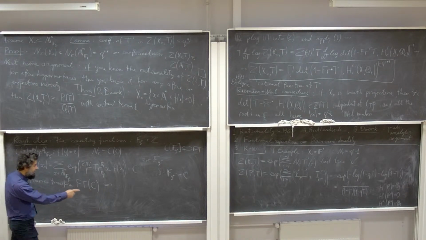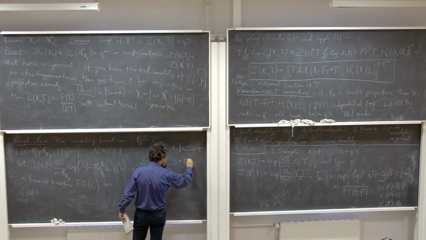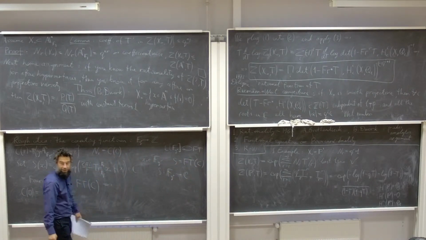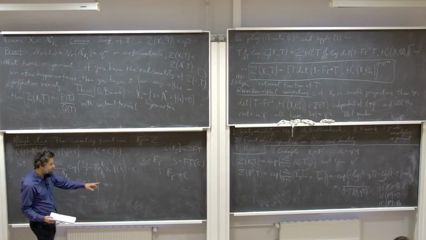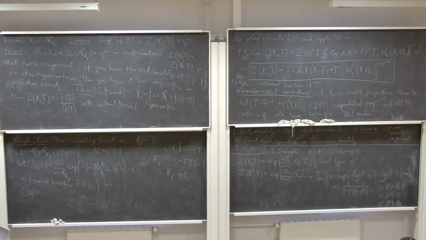So S is the Fourier transform of C. So if I want to calculate my counting function at 0 in terms of S, what should I do? Right.